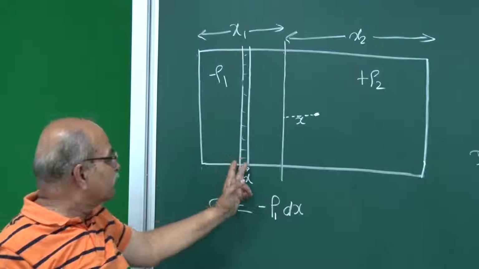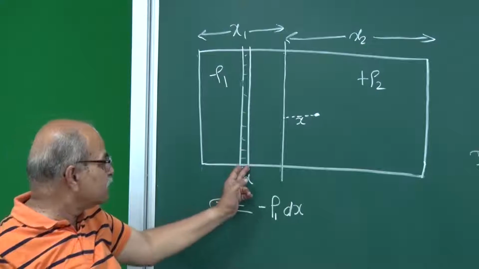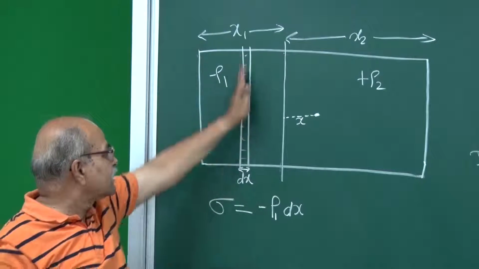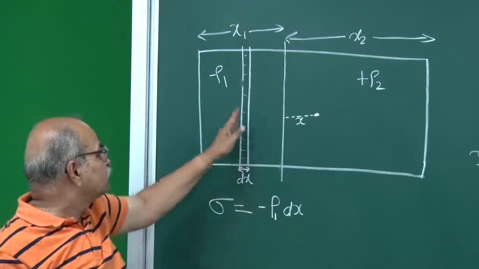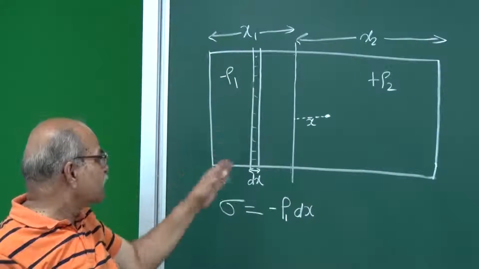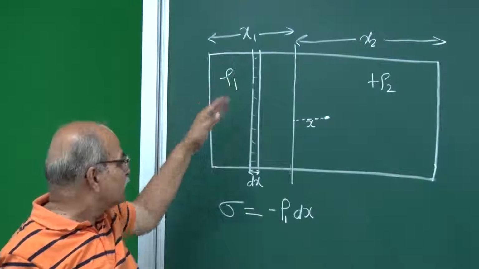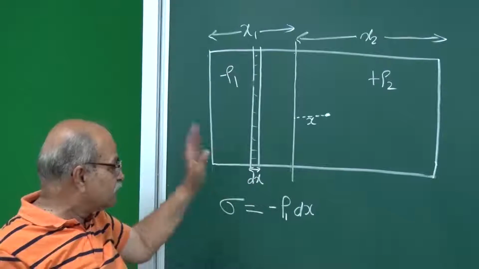Since it is a thin layer here, I am taking dx, so I can treat this whole charge as on a surface charge layer. The total charge will be minus rho 1 times dx times that area, and then I divide by the area to get charge per unit area, and that will be this much.